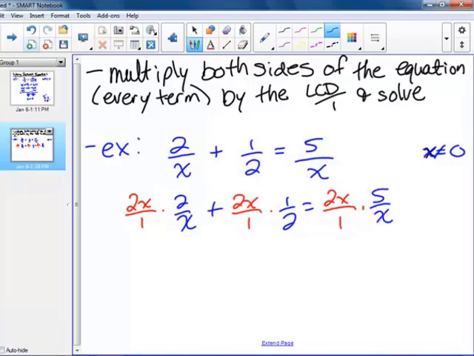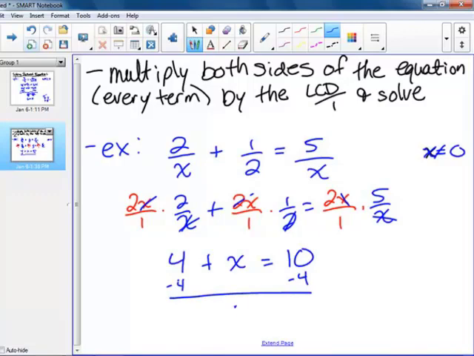Okay, so let's see what's going to drop out. In my first one, the x's drop out. 2 times 2 is 4. Next one, 2's cancel. I'm just left with x times 1, so x. Last one, x cancels. I'm left with 10. And just have one step here. Subtract 4. x equals 6.